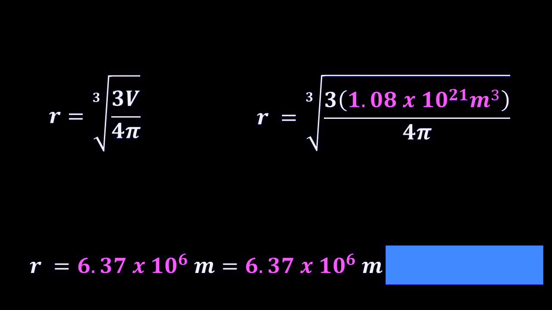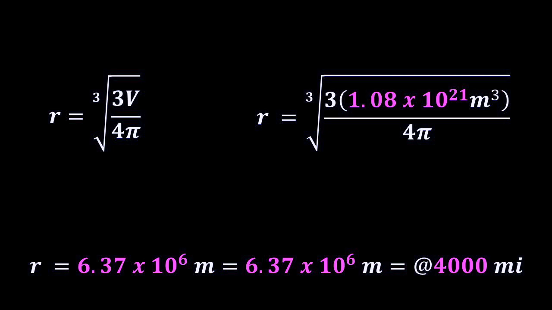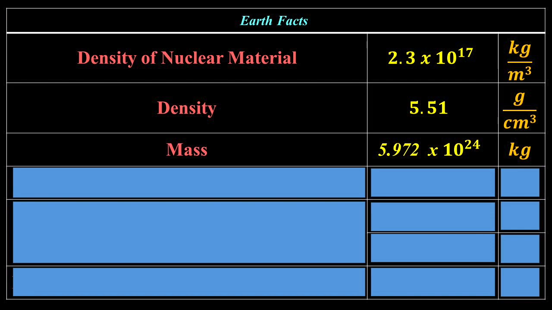We know that 6.37 times 10 to the 6th meters is the same as about 4,000 miles. I probably meant to say 6.37 times 10 to the third kilometers, but either way.